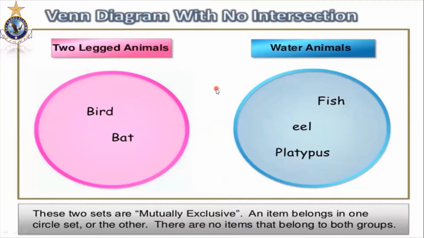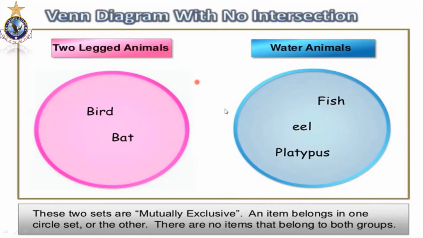Yes. Commonality, whether we are talking about sets, animals, or anything. If we are looking at features that are common to both categories, then we can say this is the intersection.